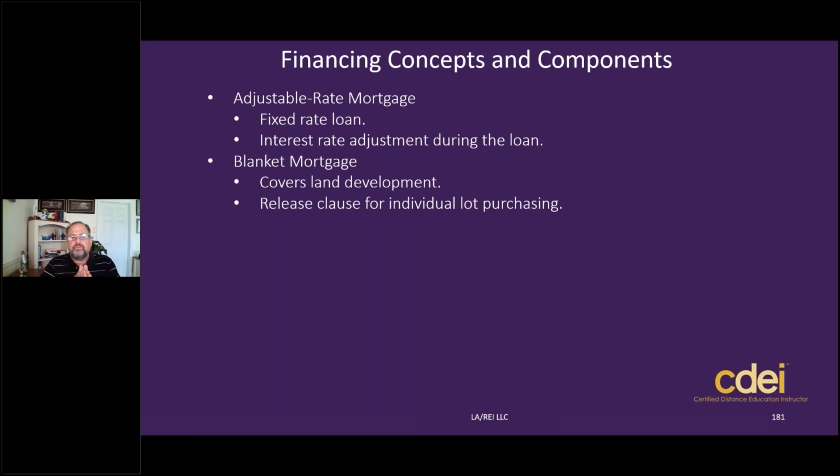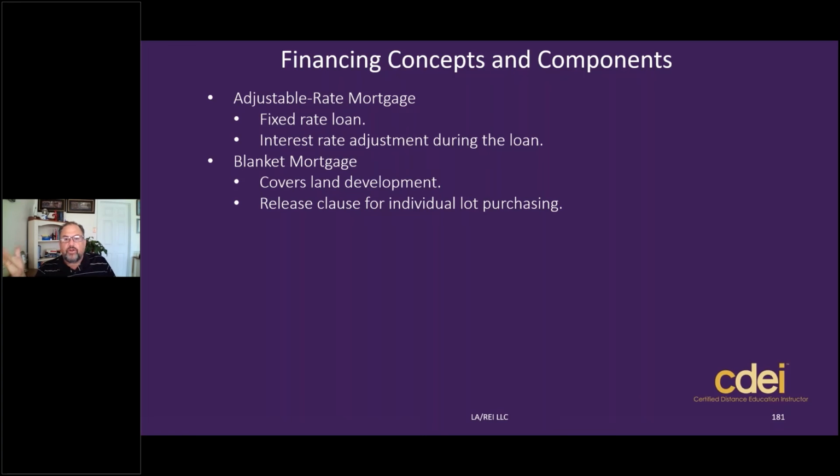So what happens is when they purchase the lots from me, I actually give X amount of dollars to the lender towards that $2 million. They give me a release clause to give to the purchaser, which means they're no longer under that umbrella that's being lent from the bank on that $2 million. They're on their own.